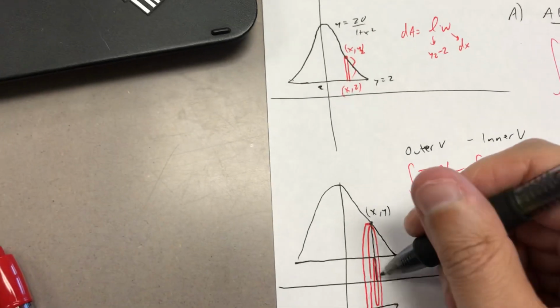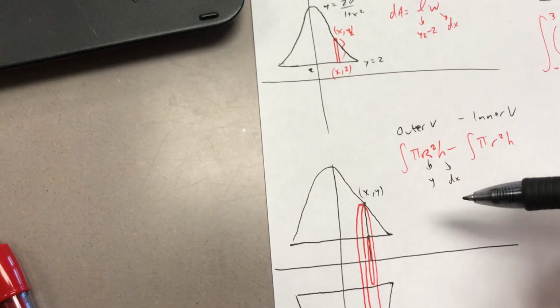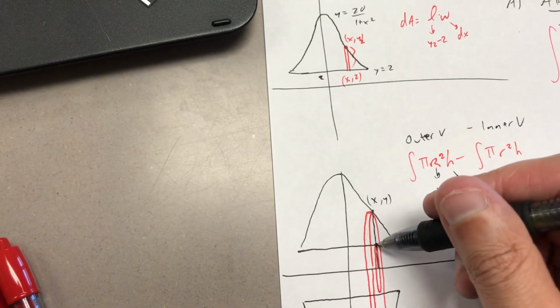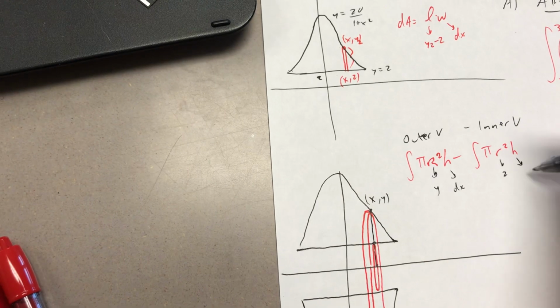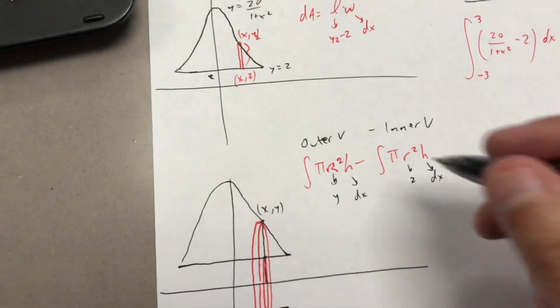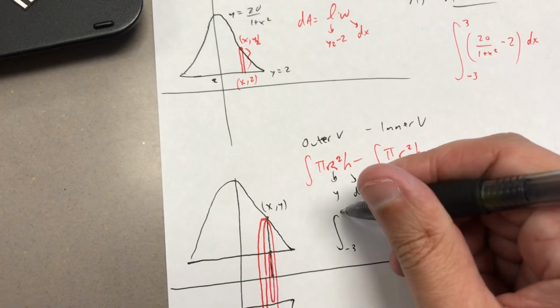That inner disk, notice the radius is coming back here. That radius is always going to be 2, okay? So you could say it's 2 minus 0, but anyway, the radius is always 2, and of course the height of the cutout is still a dx. So we can take the integral, still starting at -3, ending at +3.